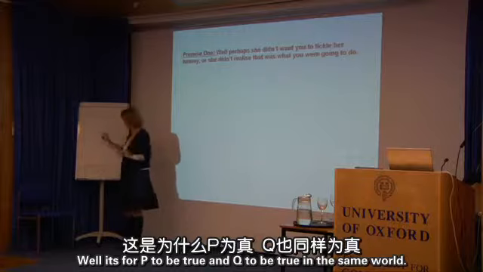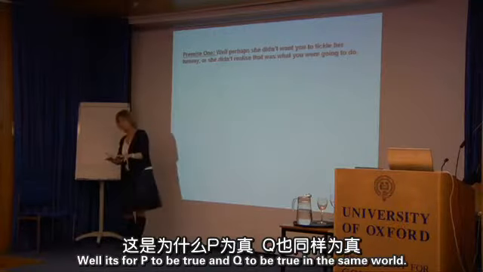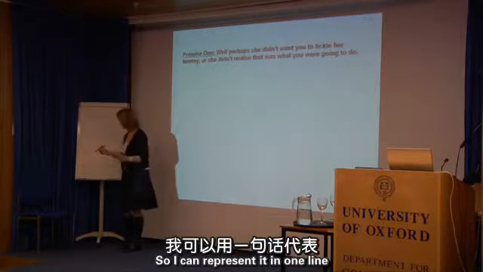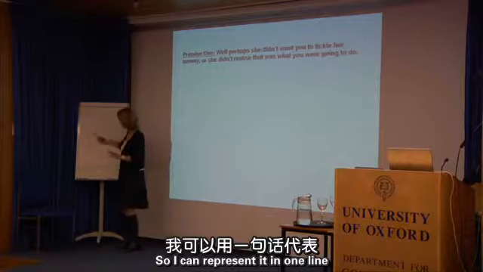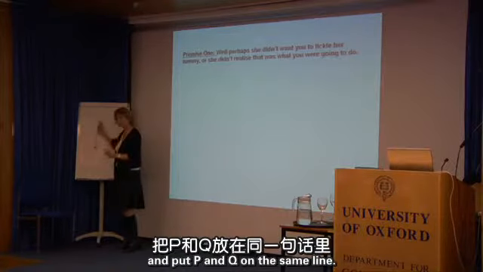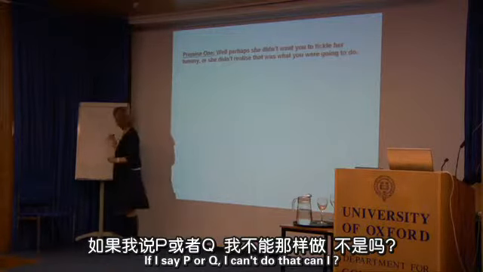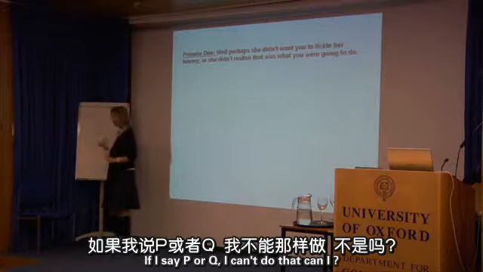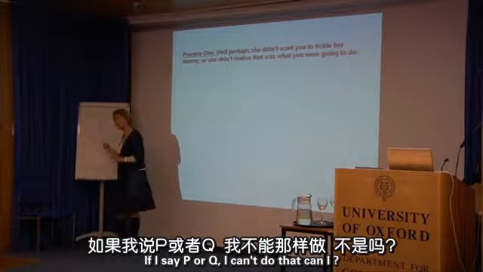Well, it's for P to be true and Q to be true in the same world, or in the same situation if you prefer. So I can represent it with just one line, putting P and Q on the same line. Whereas if I say P or Q, I can't do that, can I?